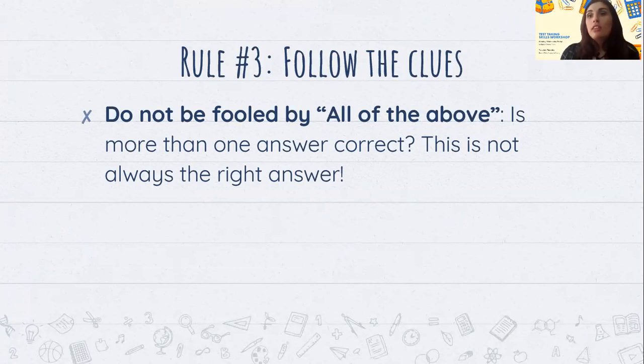So if you see all of the above as an option, really consider, is more than one answer correct? If you could really only identify one of those answers as being correct, then go ahead and select that answer and ignore all of the above. This is not always going to be the right answer.